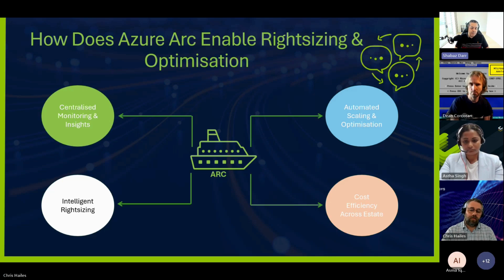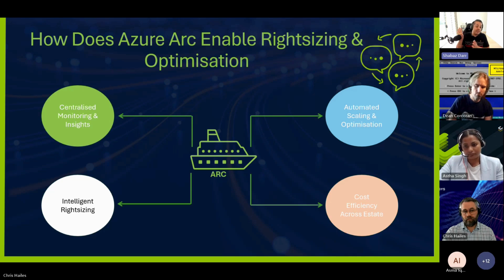And we've spoken a lot about how Arc integrates with Azure cost optimization, cost management, and Azure Policy. I like to refer to Arc as a bridge. I know it's a boat on there, but I like to refer to it as a bridge. All the good stuff within Azure, Azure Monitor, Azure Advisor, Azure Policy, App Insights, all those cool tools that we use day in, day out in Azure, it's extending that to the rest of your platform, solution and services: your on premises, AWS, GCP.